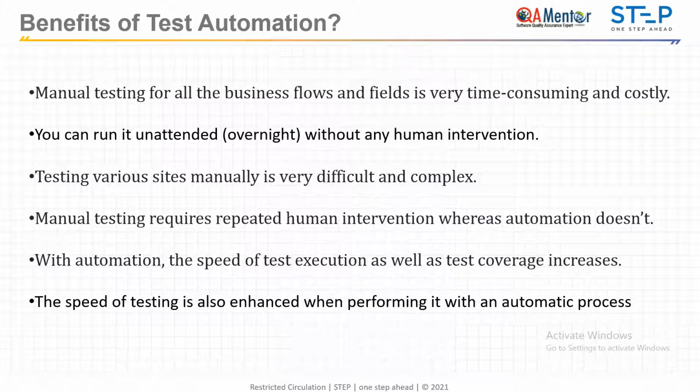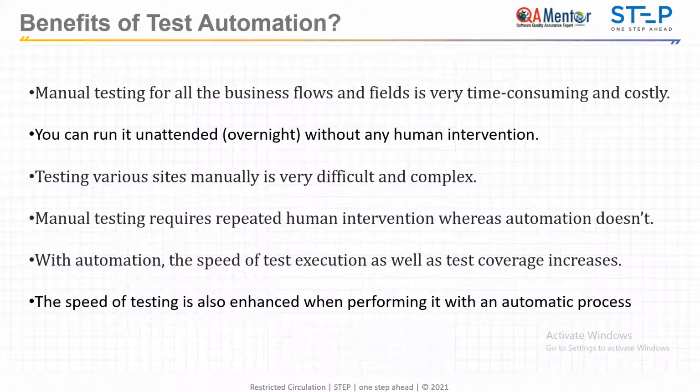We can run the automation test suite again overnight. And for all projects, according to the client, we get good ROI out of it. That is the main benefit of test automation.